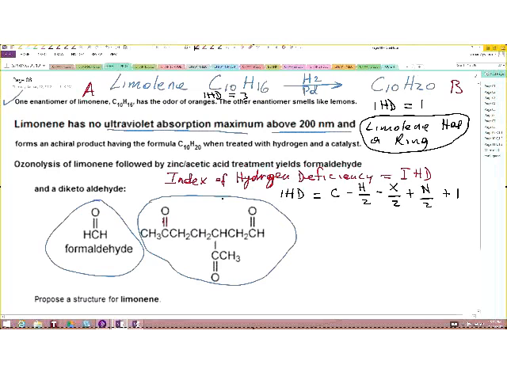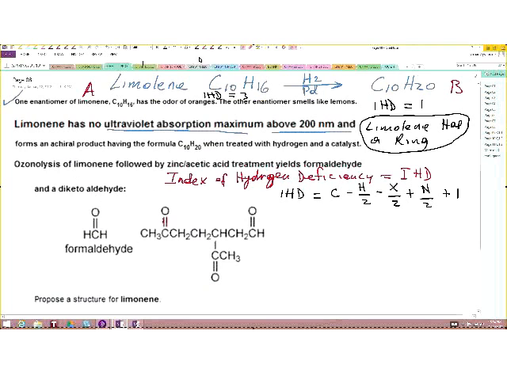Then how do we solve this problem? Now they told us that limonene, we now have limonene again, reacted with ozone, right? Step 1, ozone. Step 2, zinc.